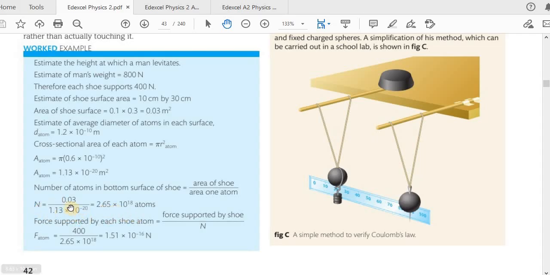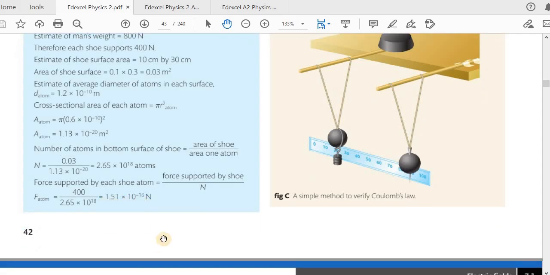Now this is the area of one atom, cross-sectional area. So you get the number of atoms in the bottom surface of the person's shoe. Force supported by each shoe atom. Now you know the force on each shoe is this much. So this divided by the number of atoms will give you the force per atom, that is this much, 1.51 times 10 to the power minus 16 newtons.